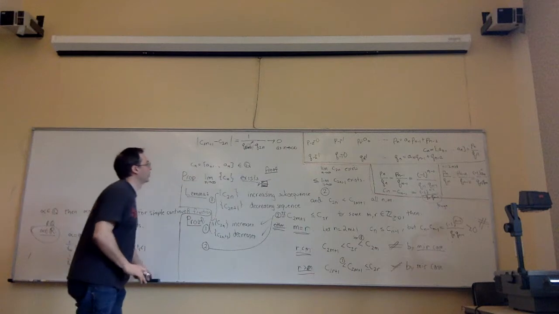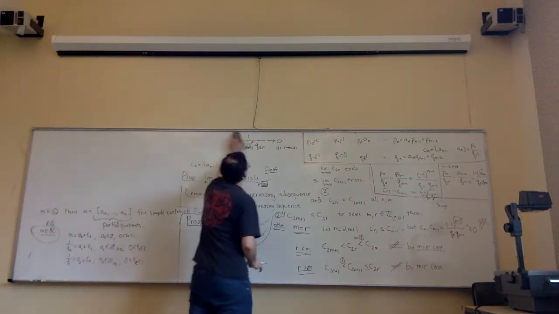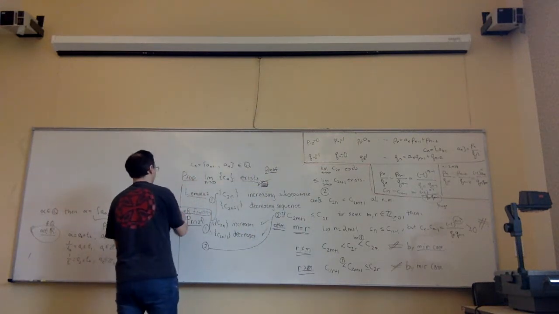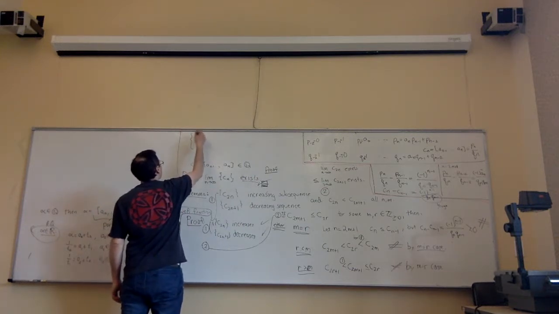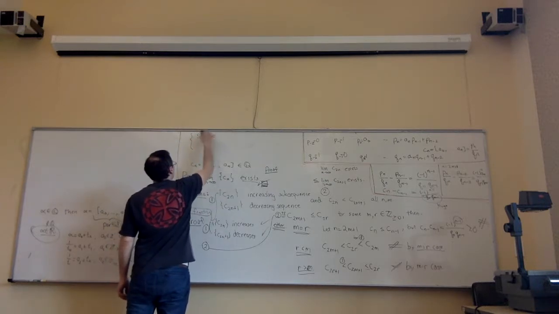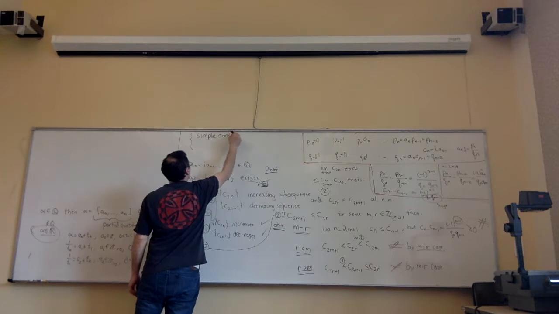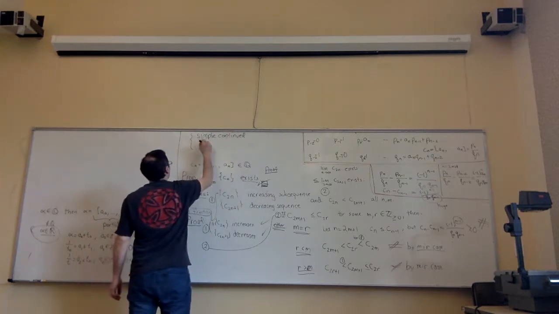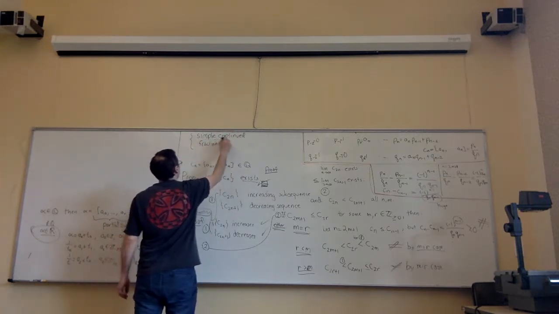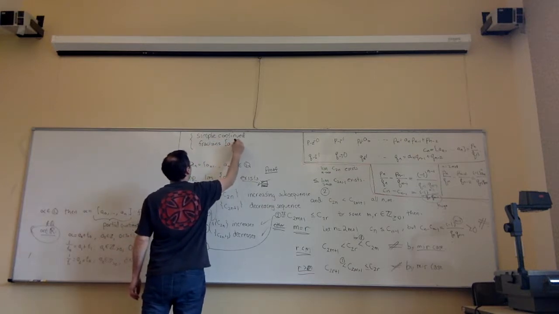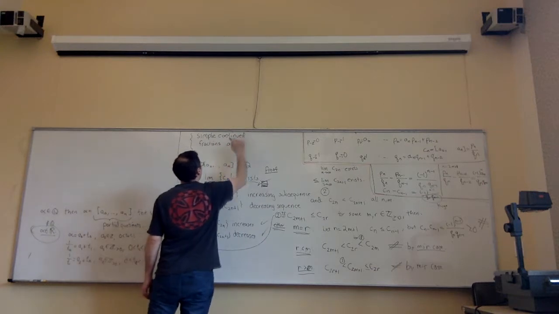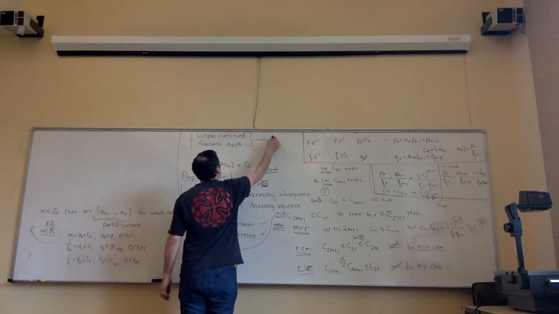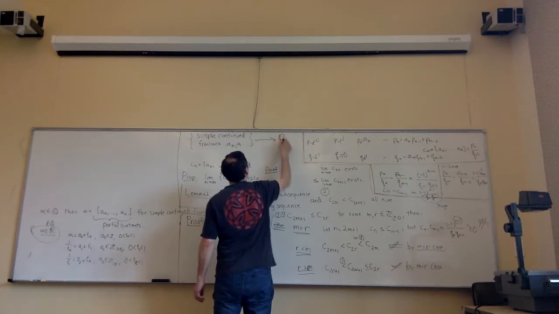So just to summarize what we just proved, in a more abstract way: if you take the set of simple continued fractions, expressions like this with numbers A0, A1, etc., there's a map from that set to the set of real numbers.